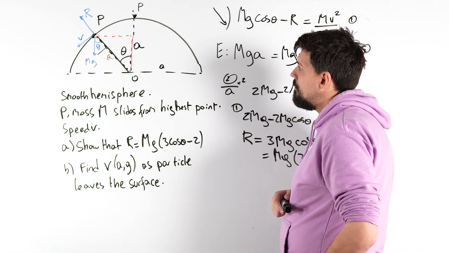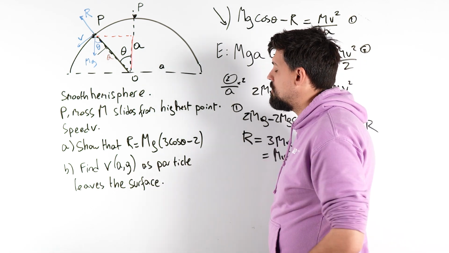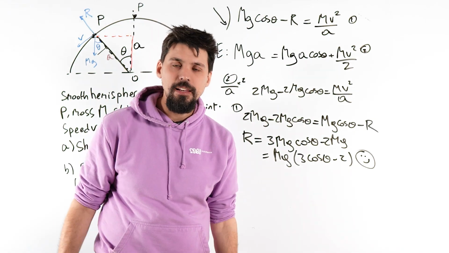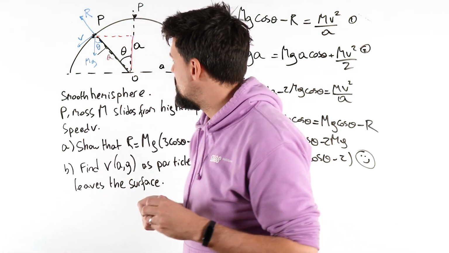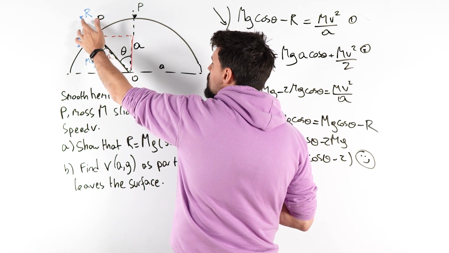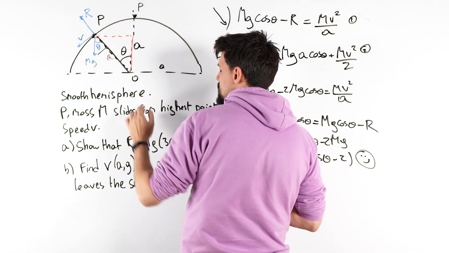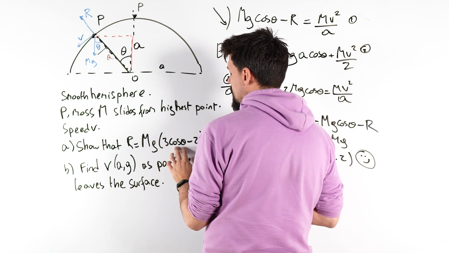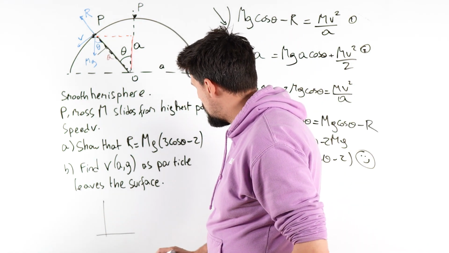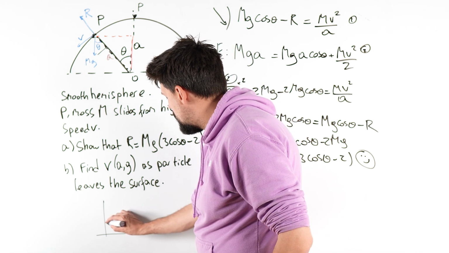Right. Okay. Well, let's find v in terms of a and g as it leaves the surface. Now, how do I know when it leaves the surface? Classic bit of mechanics. This reaction force changes depending on theta. Now, if we have a look at this, 3 cos theta minus 2, that's going to look like this.